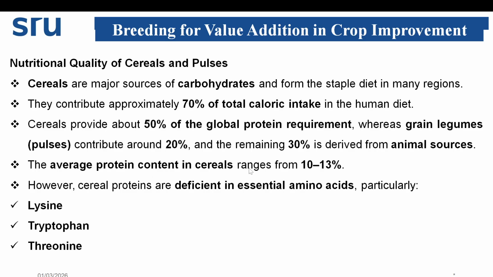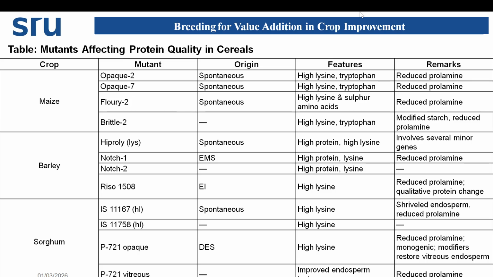The average protein content in cereals ranges from 10 to 13%. However, cereal proteins are deficient in essential amino acids, particularly lysine, tryptophan and threonine. These are some mutants affecting the protein quality in cereals in different crops.